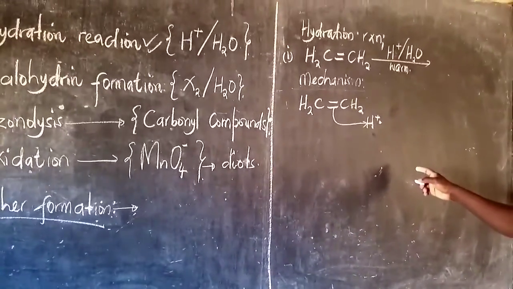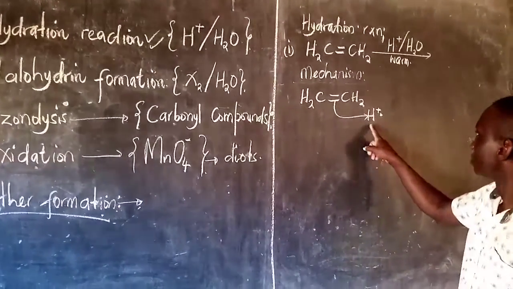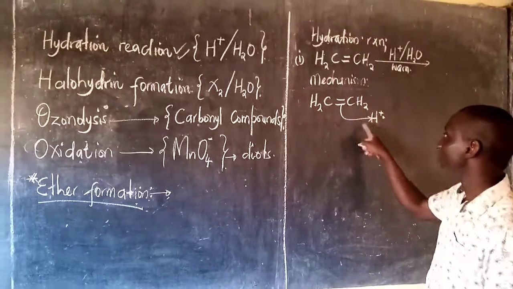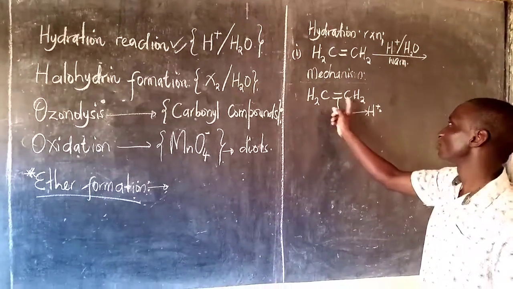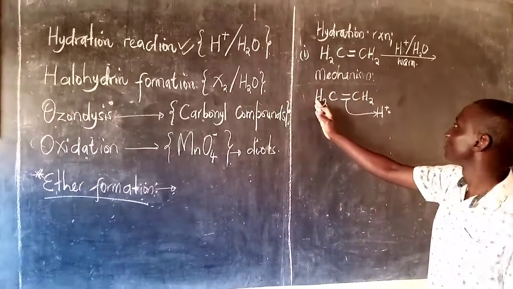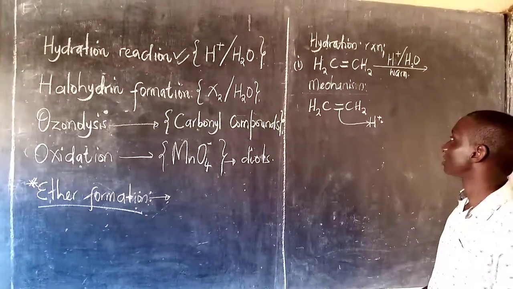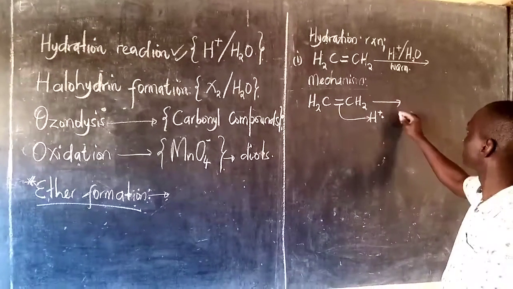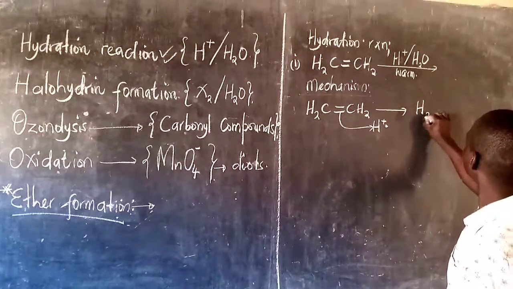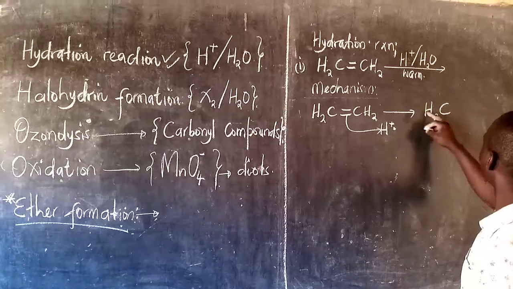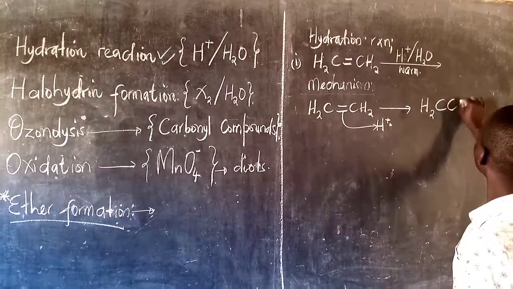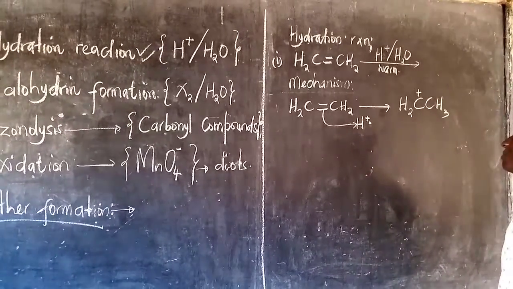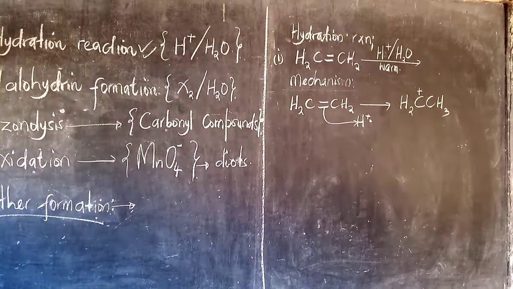So the proton will either add itself here or this side, because if you look through this, the same number of hydrogens is on this side as on that side. So either way it can be added. What does this addition give us? It will give us CH3, CH2, with formation of the carbonium ion.